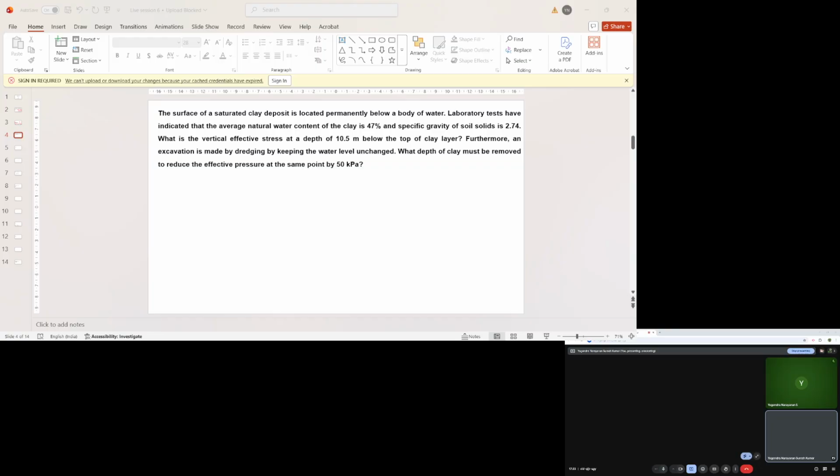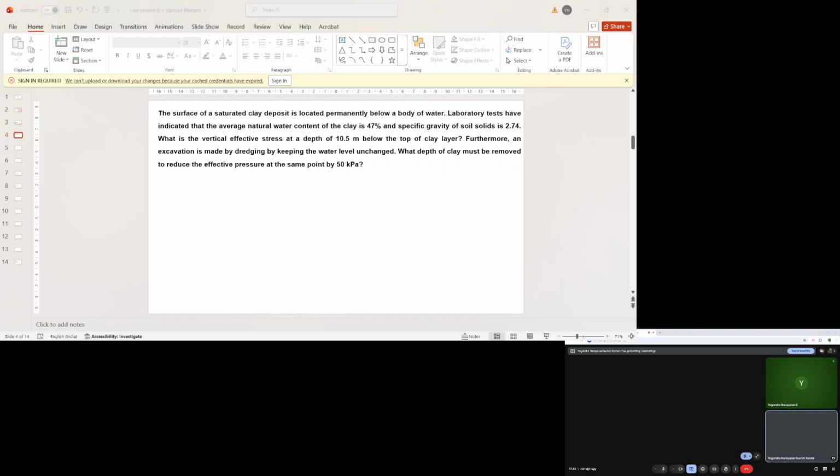So the depth of clay that has to be removed, denoted by H, is approximately 6.58 meters. We have to remove 6.58 meters to reduce the effective stress by 50 kPa. Initially we have 79.8, and to reduce it by 50 is to bring it to 29.8.